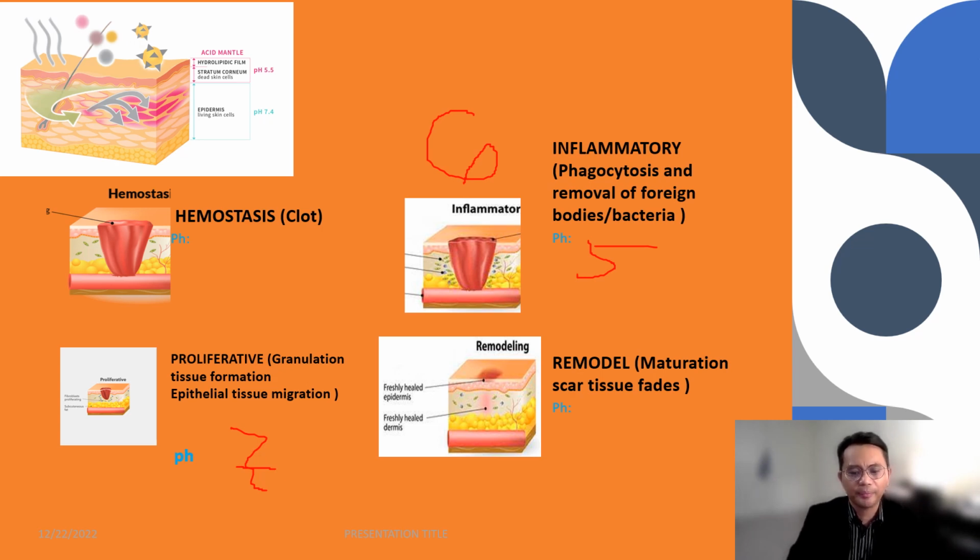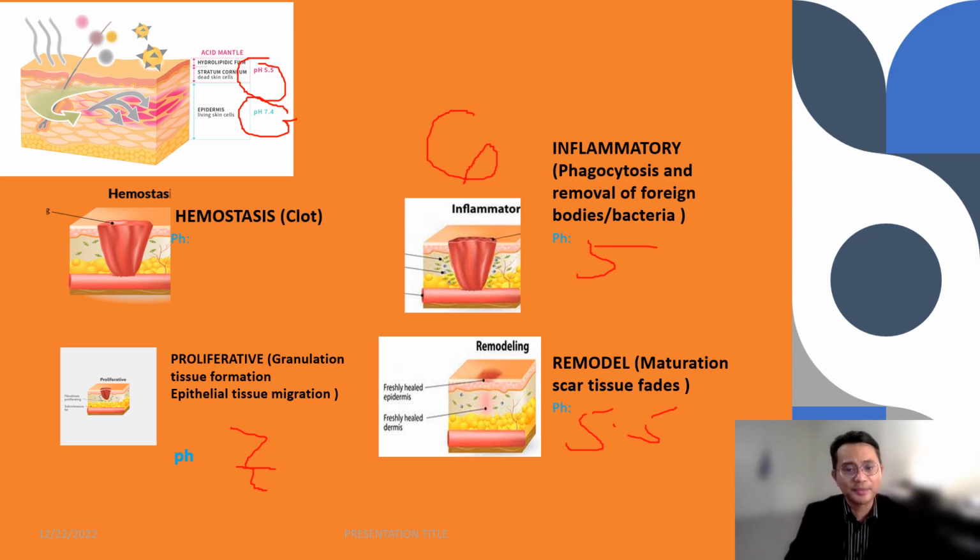Studies have shown that a fully healed wound has an epidermis pH of 5.5 and a repaired dermis of 7.4. Okay, so let's keep moving on.